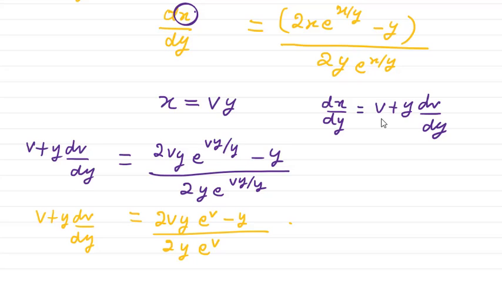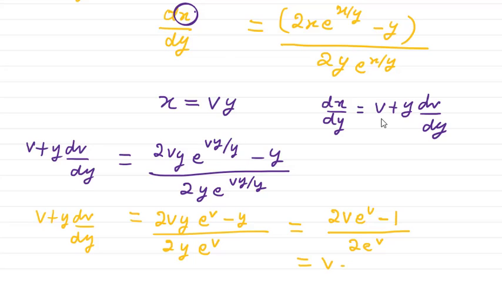Now we can simplify this one. You can take y common, and in the denominator also you have y, so the simplified form will be (2v e^v − 1) divided by 2e^v. That is the thing we are going to get here, and you can further solve it.